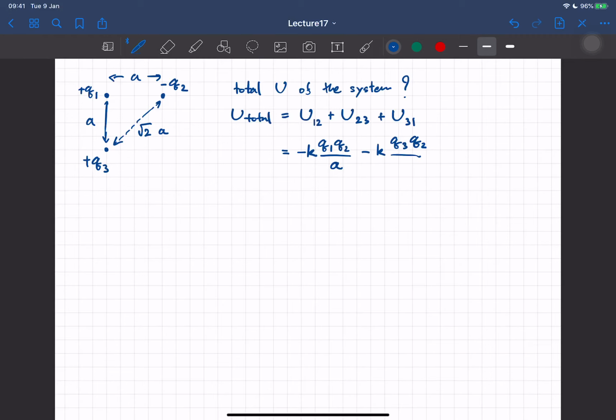But now the distance is a little bit further away, so you need square root of 2 times A. So if I color code this, this is U1,2, this is U2,3. And then the last one, of course, is 1, 3. Now 1, 3, Q1 and Q3 have the same sign, so you're going to have positive K, Q1, and then Q3, divided by the distance between them, which is A. And that's going to be the last term.